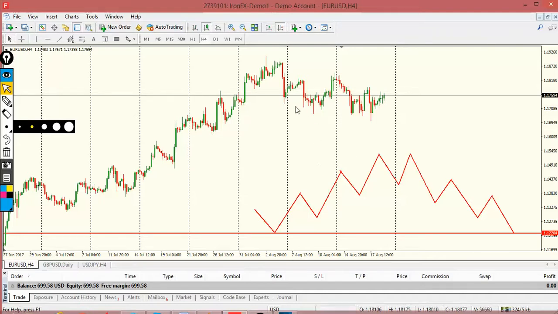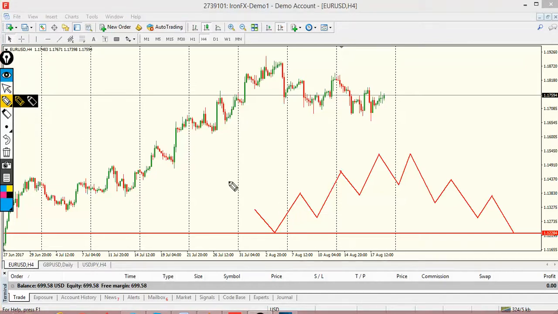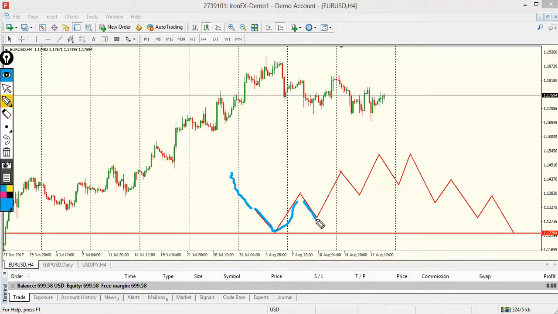So if the market was coming down, then it forms this V like this. A V is formed. Then most likely when the market pulls back a bit, it will keep going up, just like we see here.